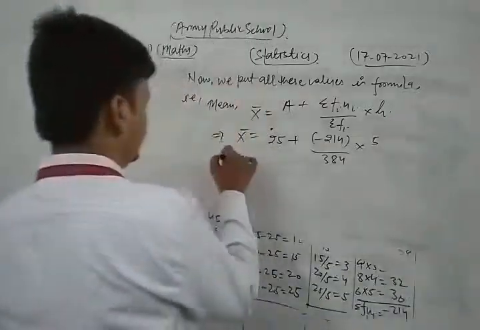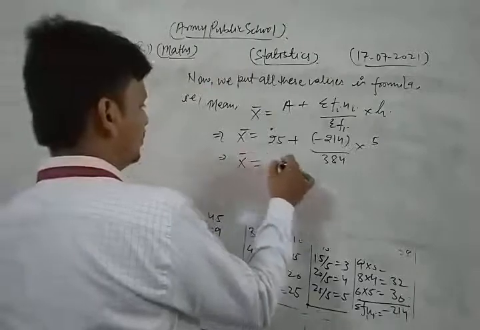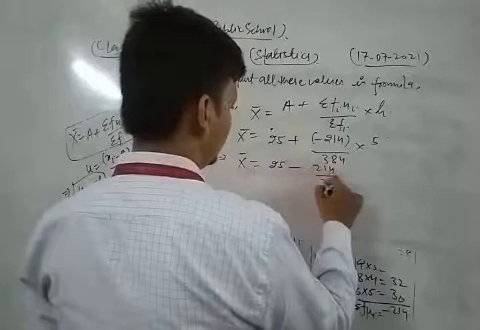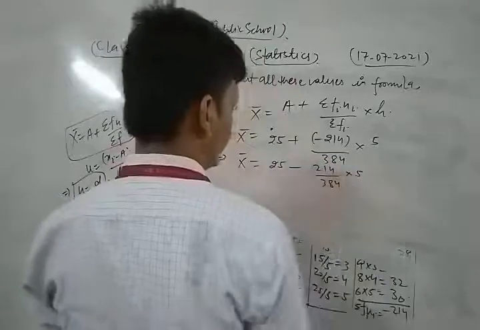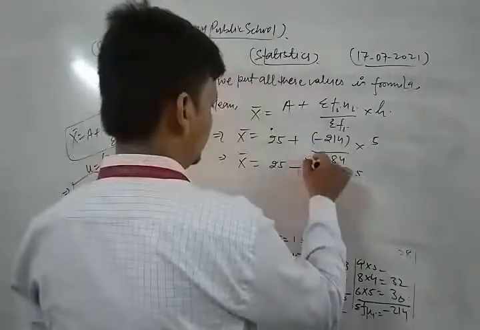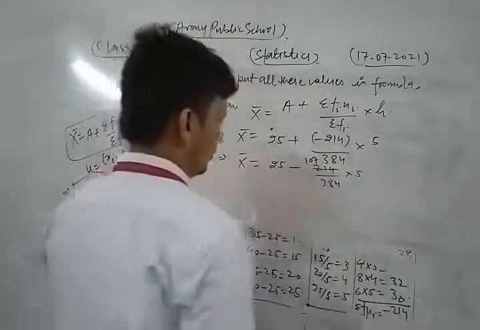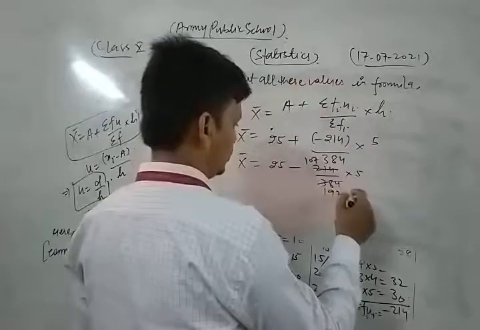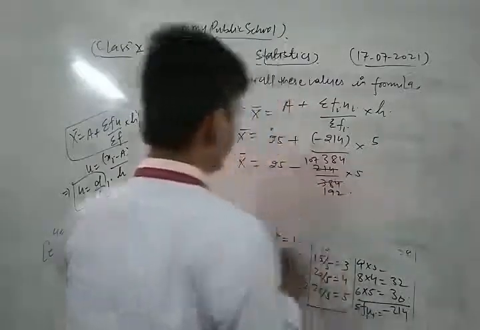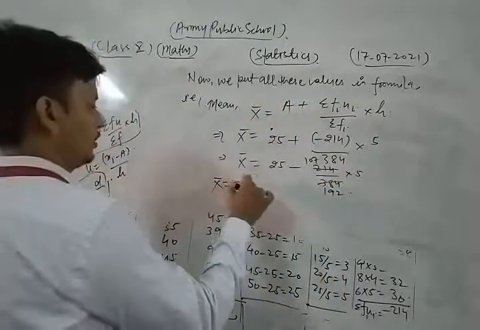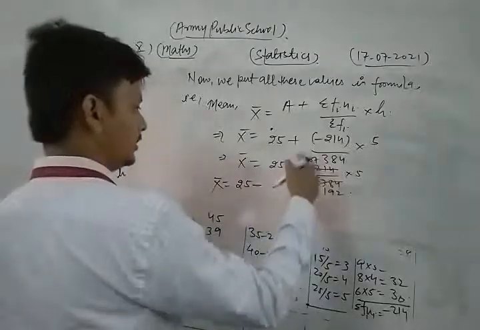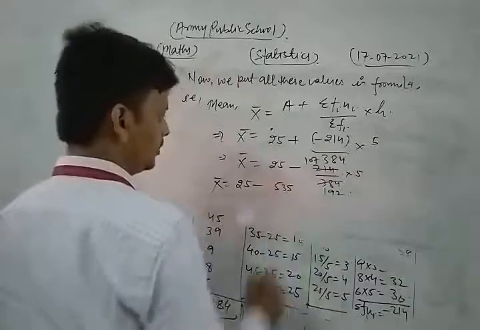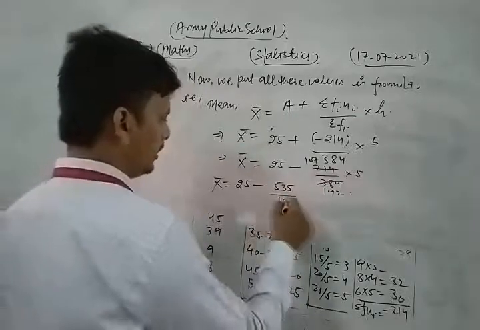Now we simplify that. So x bar is equal to 25 plus minus 214 upon 384 into 5. Now we simplify by 2, and then by 4. Now we get x bar is equal to 25 minus 535 upon 192.